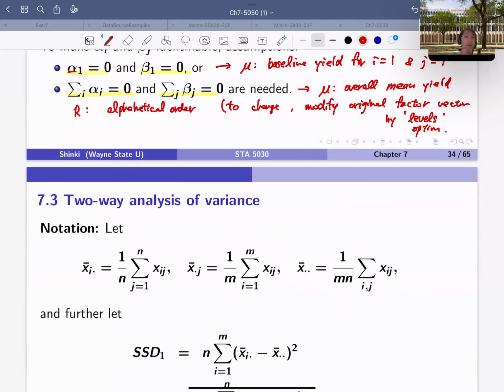For example, if we have data for individuals, and race is a factor, and that is US data, and we have white and African American, and maybe Latino or Asian and Pacific Islander, and maybe others or something like that. And for example, think about the case that others is a baseline.